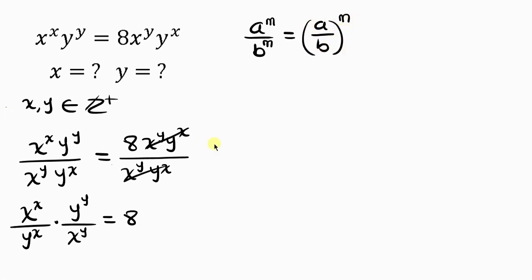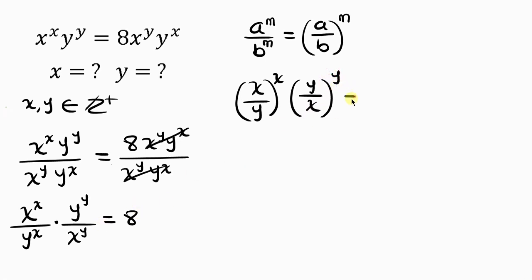So now let's write this and this like this. So for this, we're going to have x over y raised to the x, times, for this, we have y over x raised to the y. And this is equal to 8.